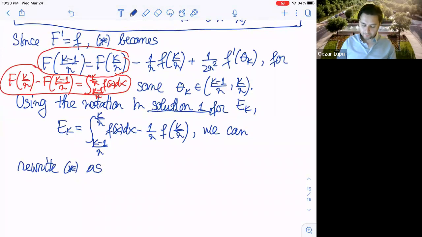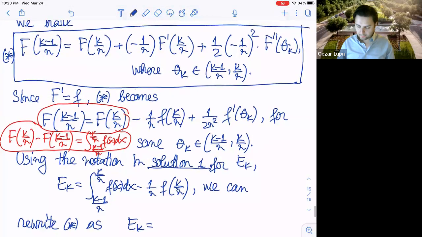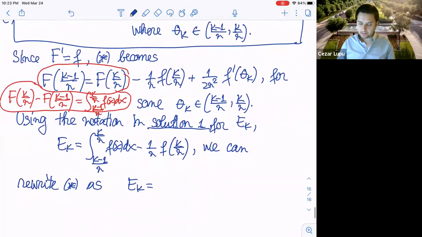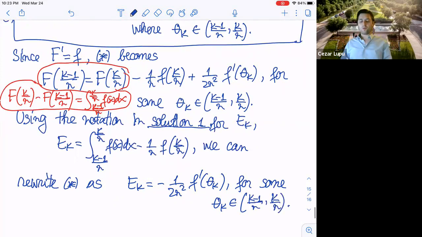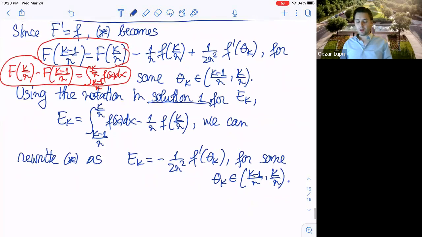We can rewrite ek as nothing else than just negative 1 over 2n squared times f prime of theta k for some theta k in this interval. All right, great. And now the only thing we need to do is just to take the absolute value to sum up, and then there we go.